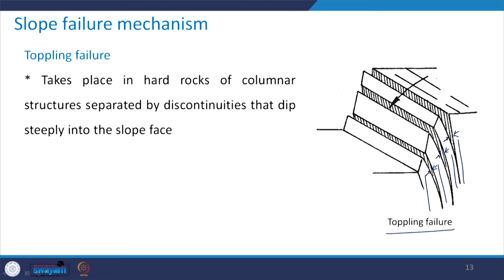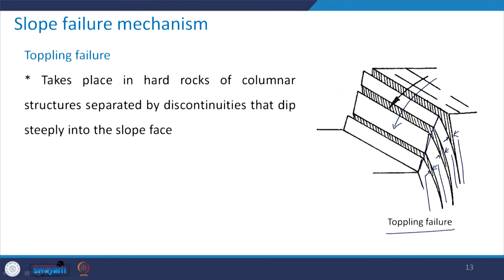If there is rock movement in the direction of the arrow, this type of failure is called toppling failure. It occurs when the rocks are of columnar structure and have discontinuities dipping steeply into the slope face. So, you see this is the slope face, and the dip is so large in this case, okay, it is almost vertical.